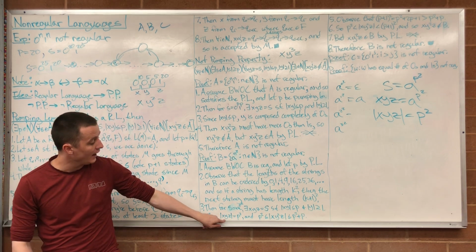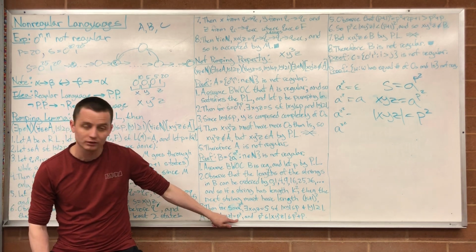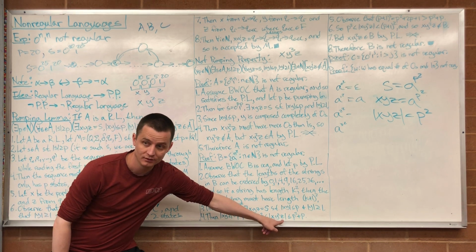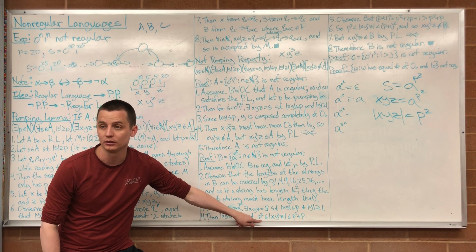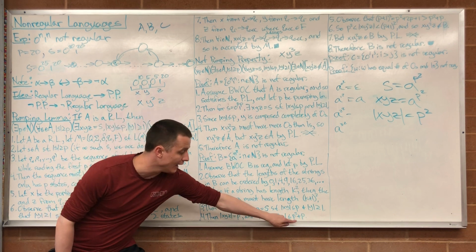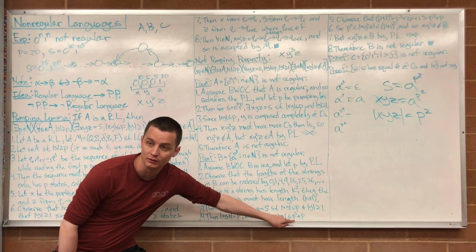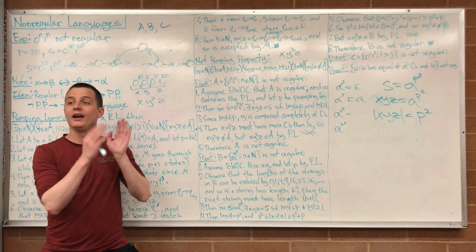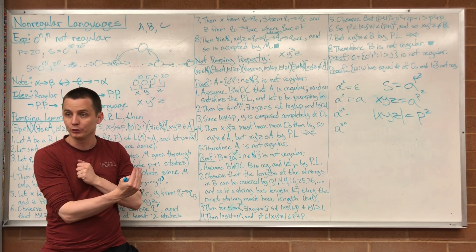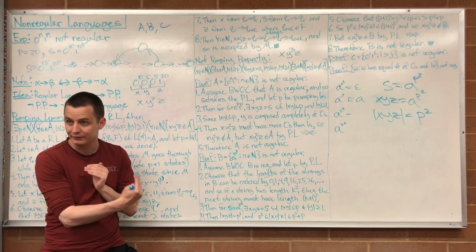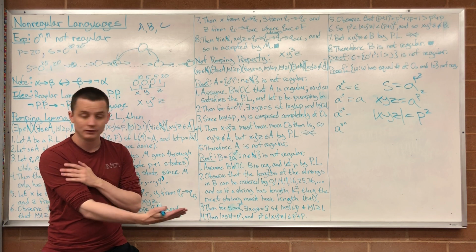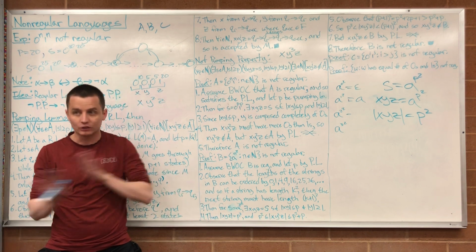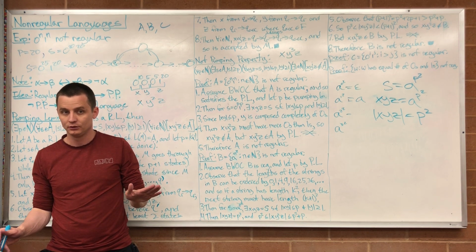So if XYZ has length P squared, then XYYZ has to be longer than P squared, and it can be at most P squared plus P. If we added another Y, we added at most P symbols.